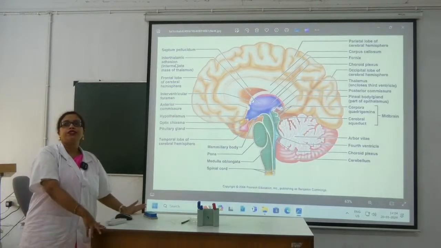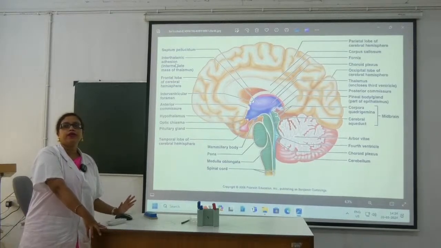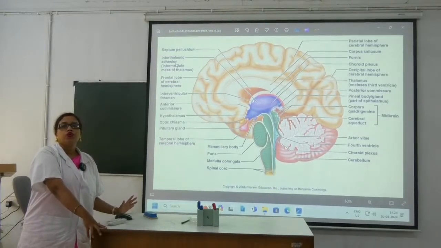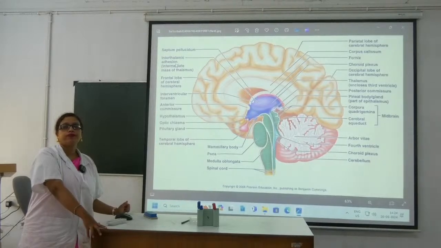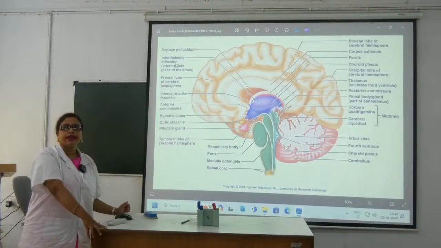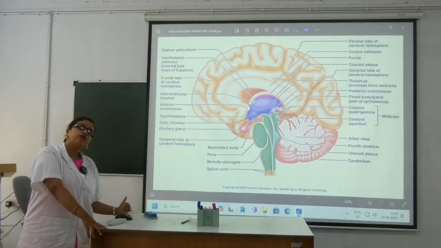So cerebral hemisphere is divided into outer gray matter, which is developed from telencephalon, or which is a derivative of telencephalon. Okay, and it is a part of prosencephalon.